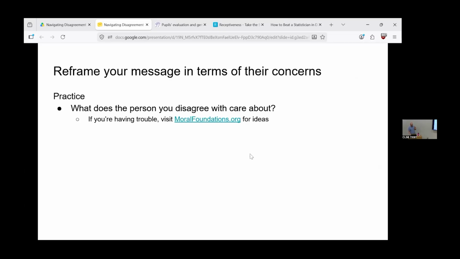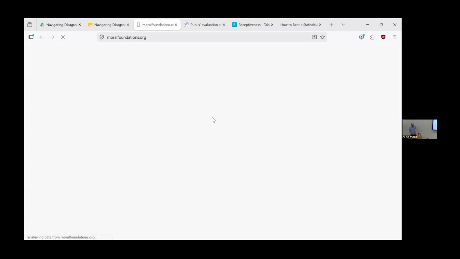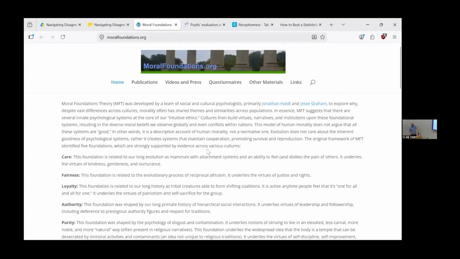If you are having trouble with this, go to moralfoundations.org. This website was created by psychologists, primarily Jonathan Haidt and Jesse Graham. I will say Jonathan Haidt is the person who wrote The Anxious Generation, which is a very popular book. This research on moral foundations is older research that he did.